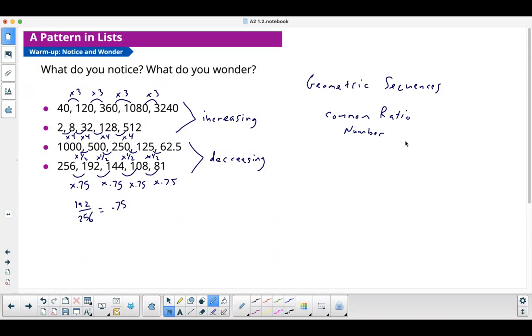So in each one of these, we have a common ratio. The first one is 3. The second one's 4. The third one is 1/2, and the last one is 0.75. So that's the number you multiply by. And then the other value is your initial value, or your initial term.